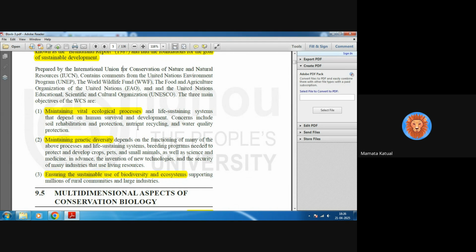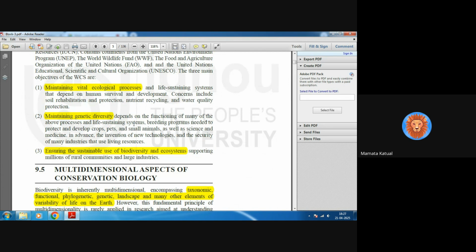When the abiotic and biotic components are present, and there is nutrient cycling and other activities of the ecosystem, then the living organisms can survive. So first is maintenance of the ecological process.